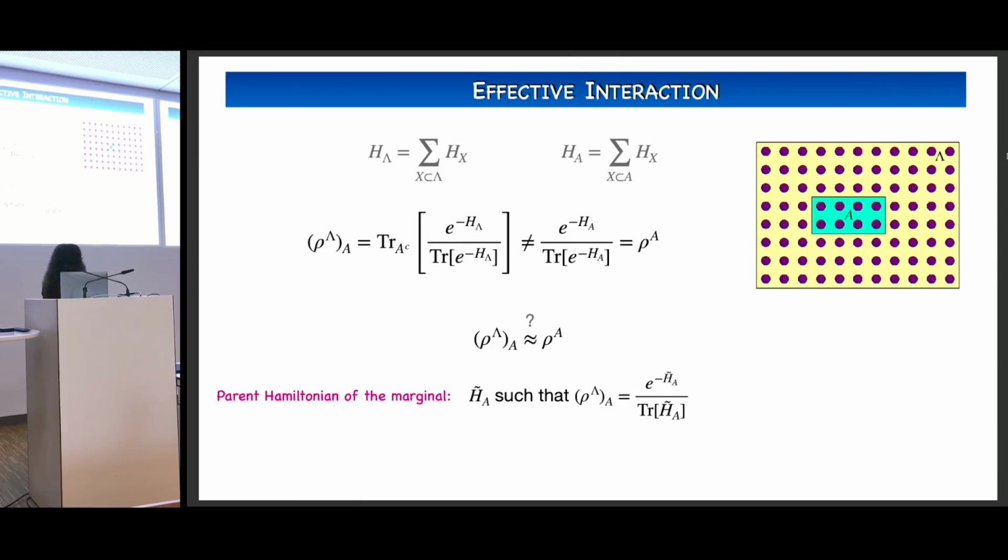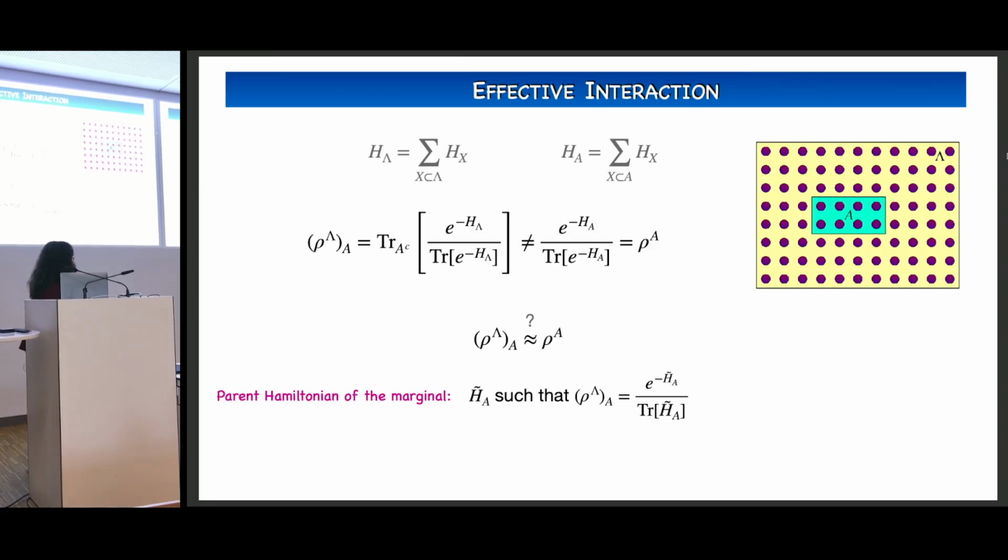So what we do is consider something that we call the parent Hamiltonian of the marginal, which we denote by H tilde A, such that this local Gibbs state, so this marginal of the global Gibbs state in A, can be written as e to the minus H tilde A over the partition function.